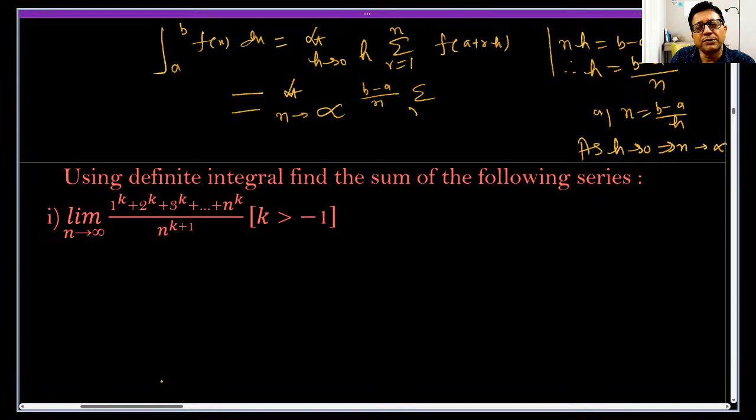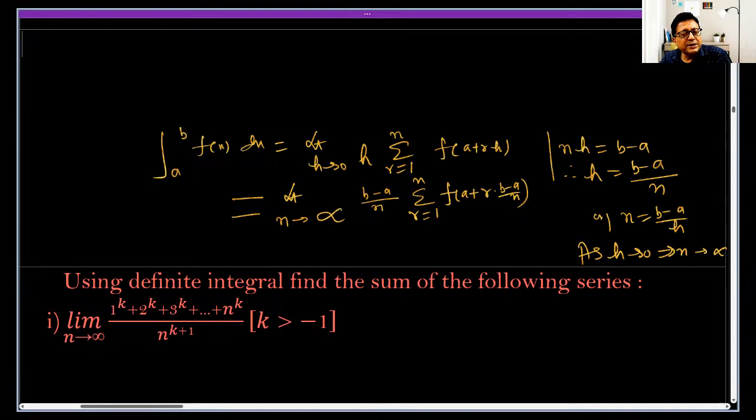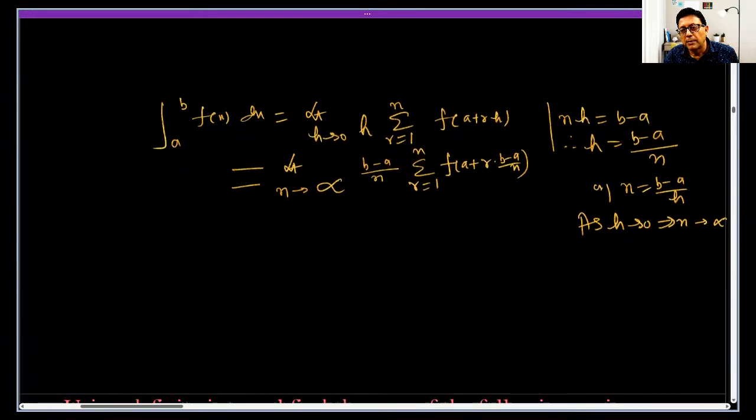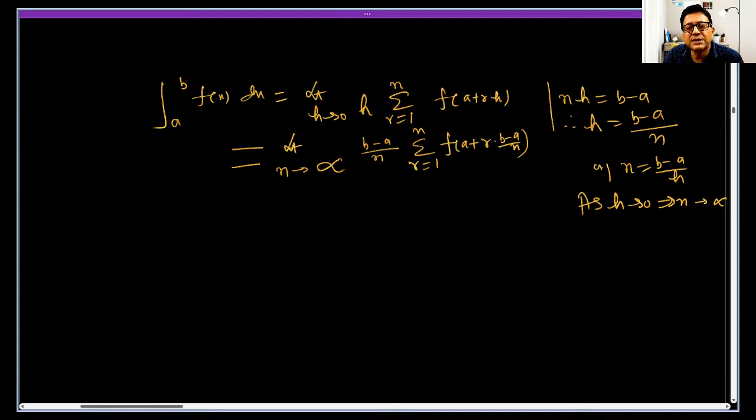Sigma, you write. Am I correct or not? Check. What I did, is it correct or wrong? Just check. Is this correct? Because I just replaced h by b minus a by n. When h is tending to 0, n is tending to infinity.